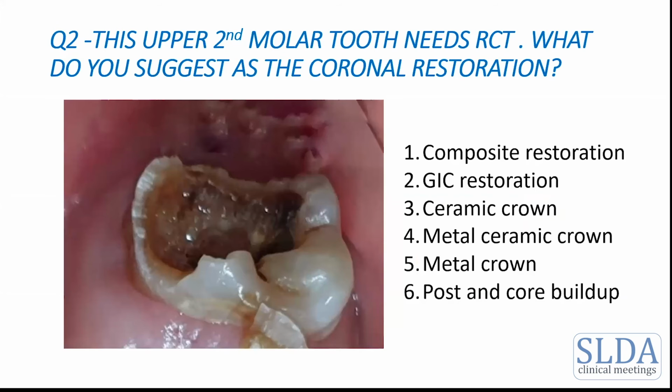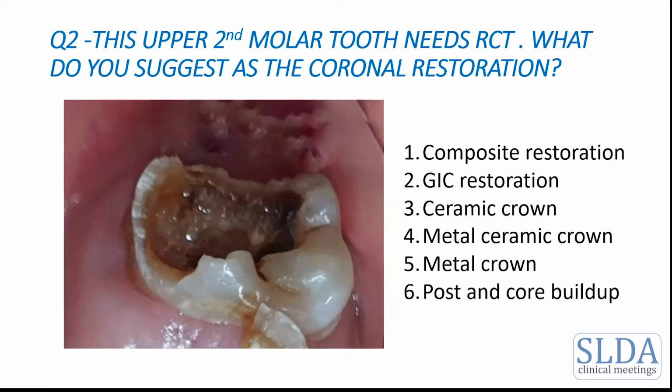For question number 2, most of them have given the post and core build-up. Actually, in molars, post placement is not that indicated. Being a second molar, the aesthetic concerns are much less, and you can preserve most of the remaining tooth structure.